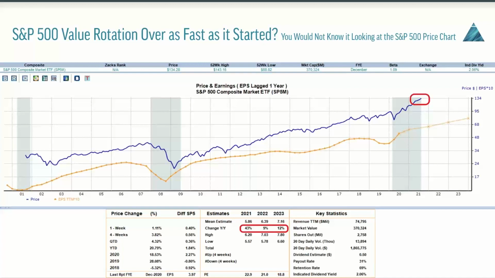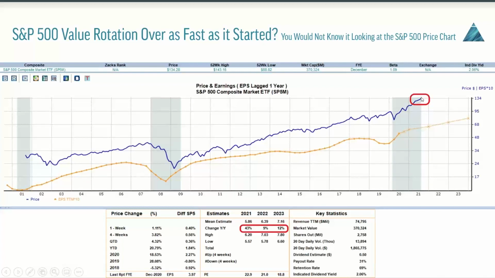So in looking at the S&P 500 price and earnings chart on the screen, you wouldn't realize that this value rotation is basically on pause. The first clue to that would obviously be the growth rates that you see for 2021 coming from a 43% EPS growth in 2022 down to 9% and then back to 12% in 2023.